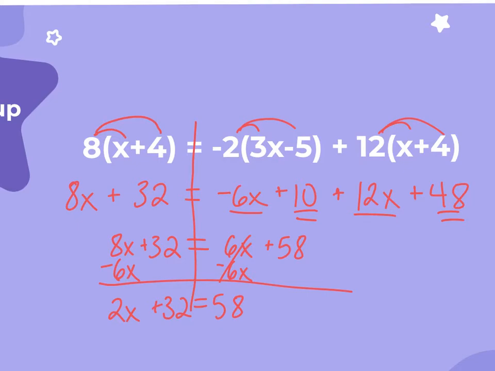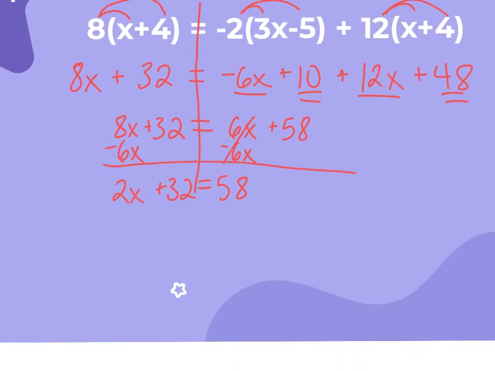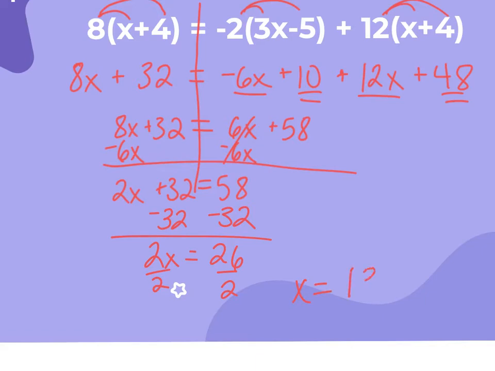Now what? Good. So we're going to subtract 32. Two x equals 26, and the final step. Divide by 2. And x equals 13.